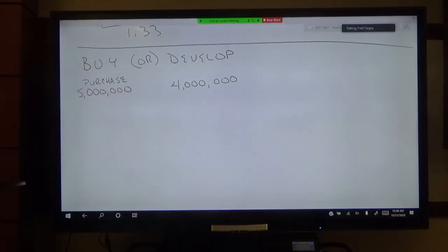Now, we've also got another way we probably need to think about this. With this one, our cap rate, let's say, is 4% going into this deal.